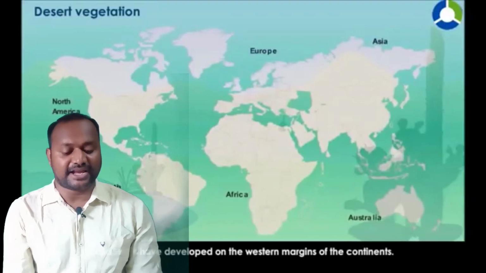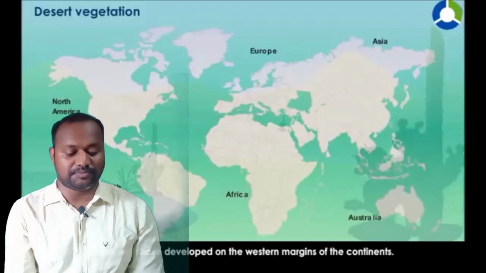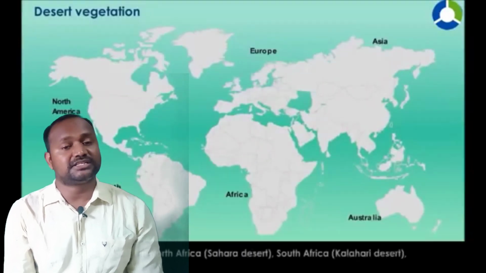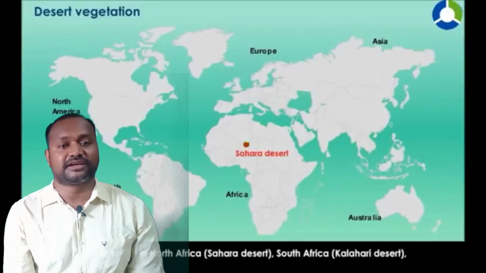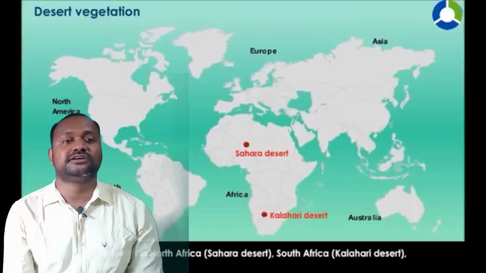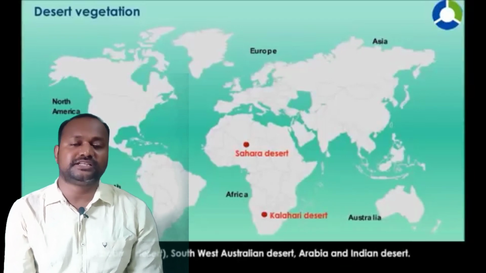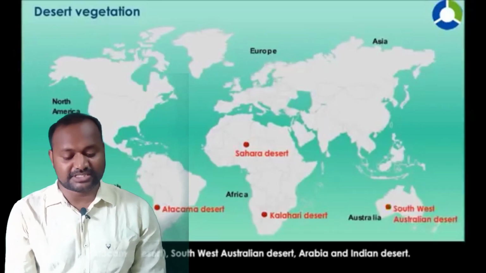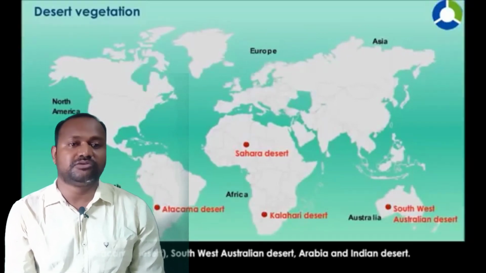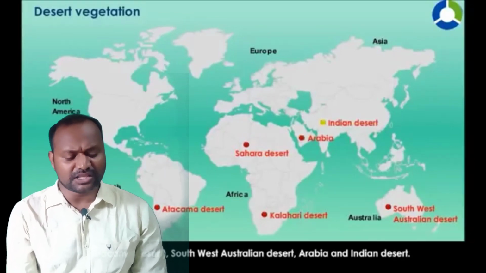Most of the hot and dry deserts are near the Tropic of Cancer or Tropic of Capricorn. Example, the Thar desert is one such example. The temperature in the desert ranges from 20 to 25 degrees Celsius, and the maximum temperature goes to 40 to 49 degrees.